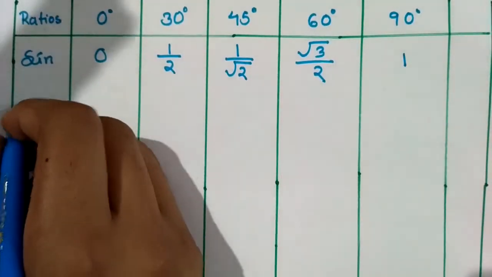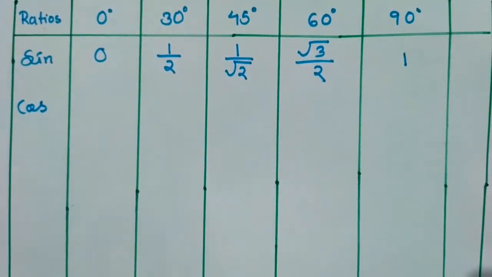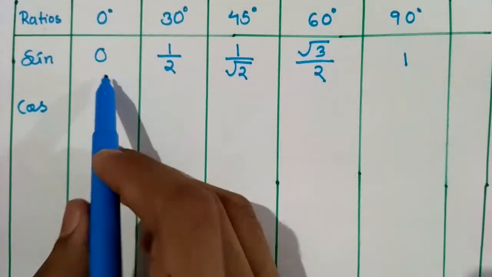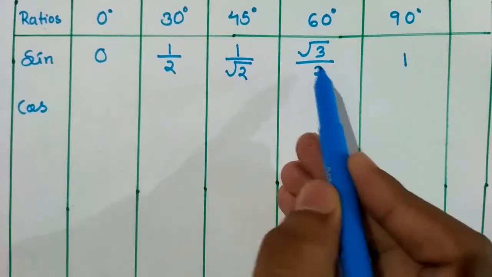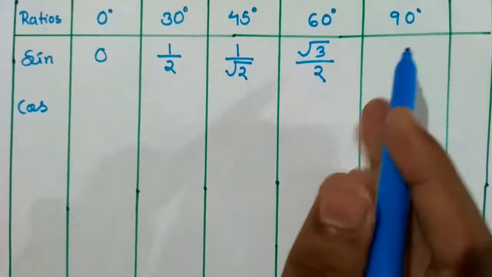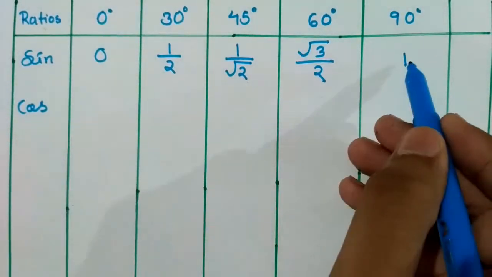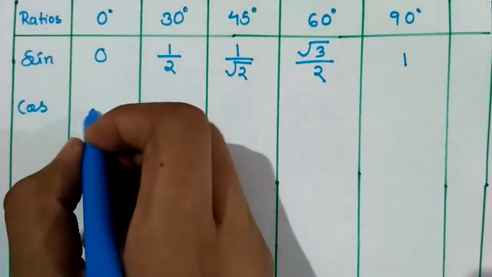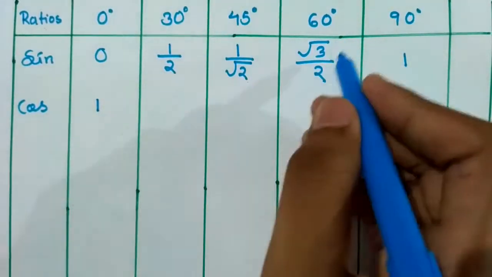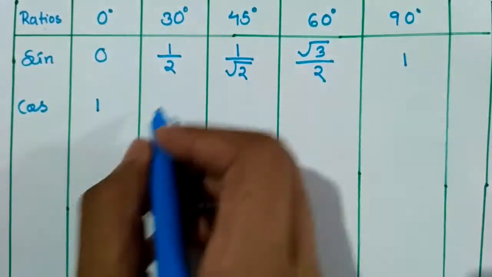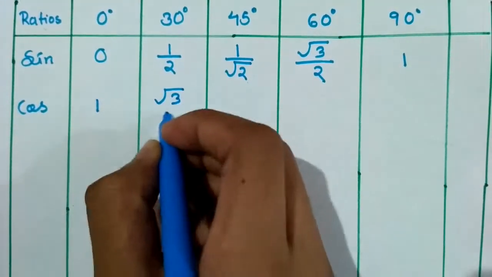Now for cos. For cos, it is very easy. You have seen here 0, 1 by 2, 1 by root 2, root 3 by 2 and 1. Just alternate it in place of cos. For cos, this 90 value will come here as 0, and for 60, root 3 by 2 will come here. Just the alternate.